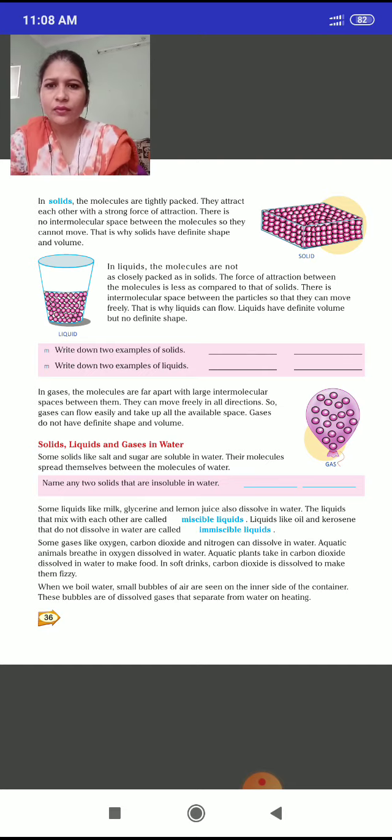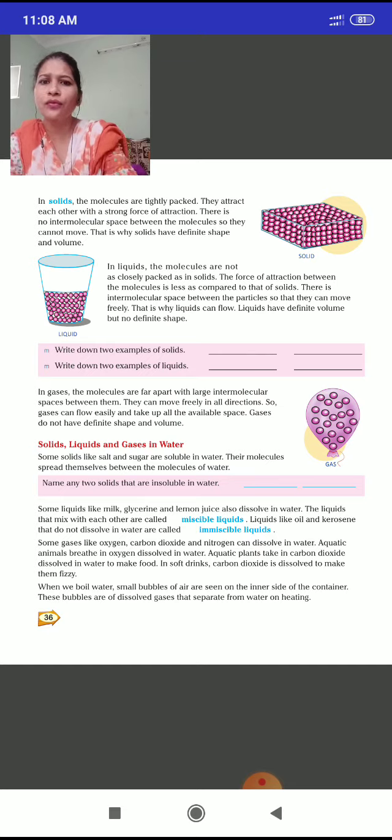Okay, so now we will study about gases. Solid you cleared, liquid cleared, now gases. In gas, molecules are far apart with large intramolecular space between them. If you can see this balloon picture here, gases. In gases, the molecules have so much intramolecular space.